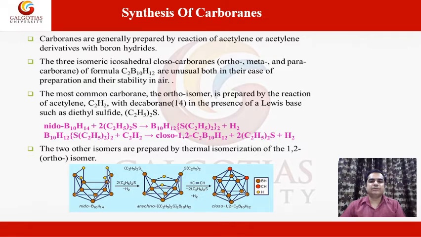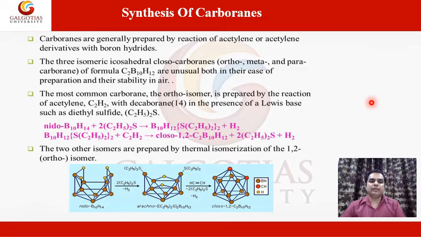Now come to the synthesis of carboranes, how we can synthesize the carborane molecules. Carboranes are generally prepared by the reaction of acetylene, or we can say acetylene derivatives, with boron hydrides. When we react the acetylene molecules with the boron hydrides, then we get the carborane class.